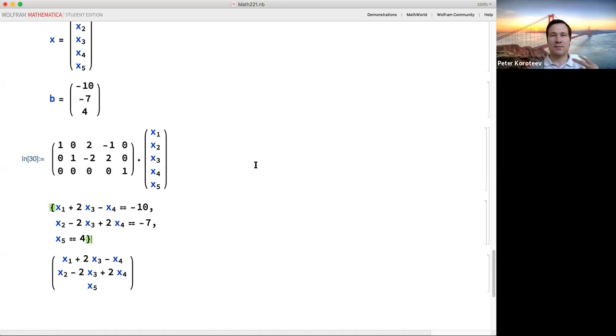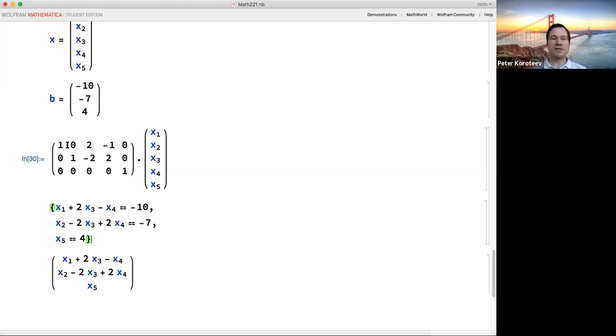And 2 other variables can be found using these 2 equations. There is some ambiguity in deciding which variables are parameters and which are determined by the equations.